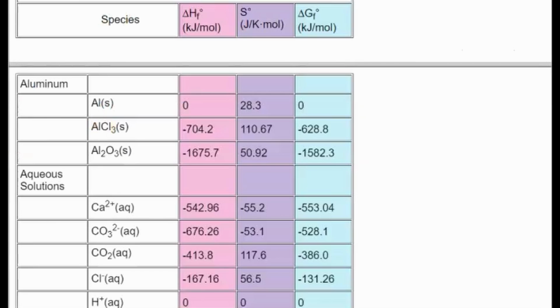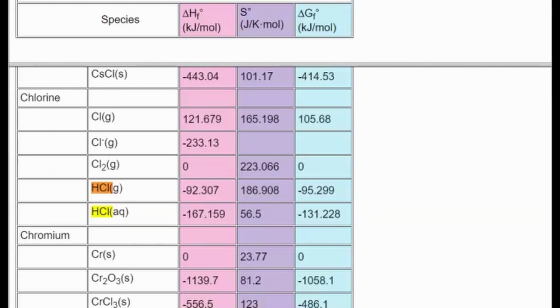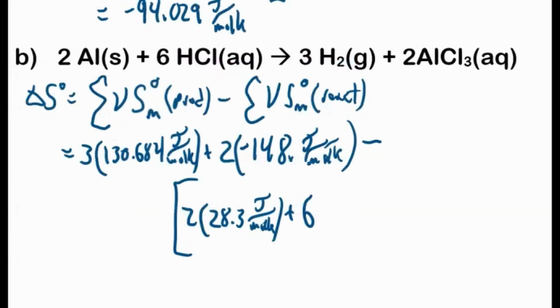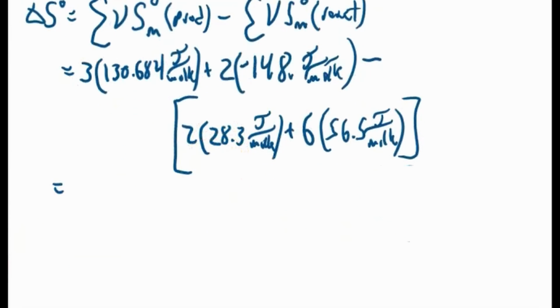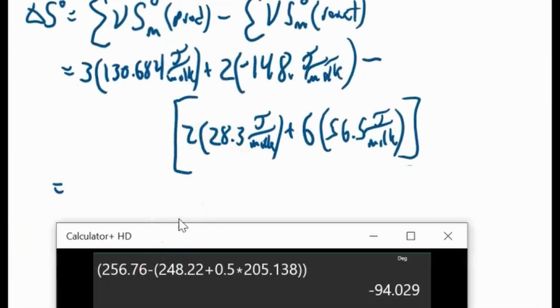We want aqueous, right? HCl aqueous right down here, the right phase. It is 56.5 joules per mole Kelvin. Alrighty, so we'll plug that into our calculator.